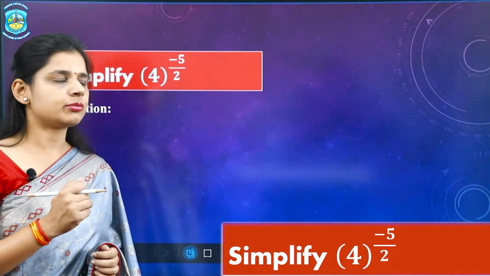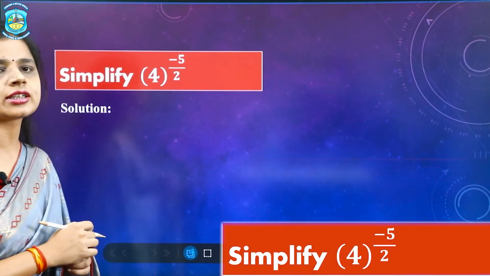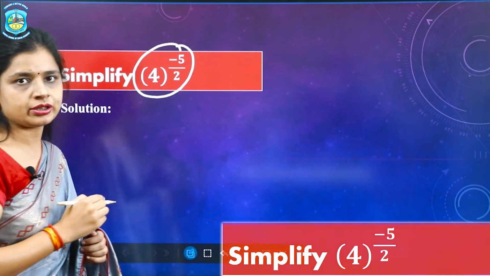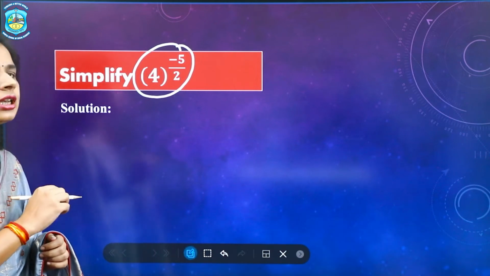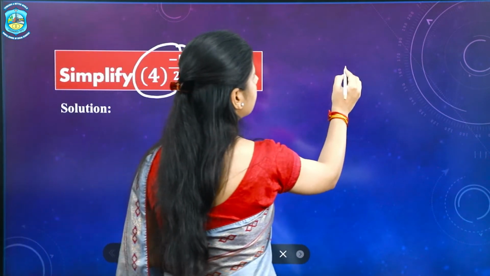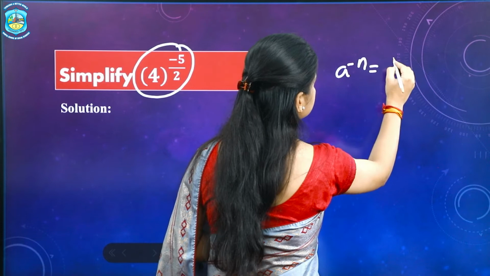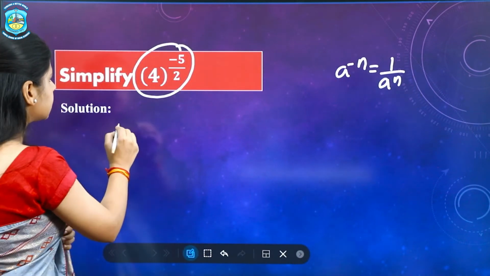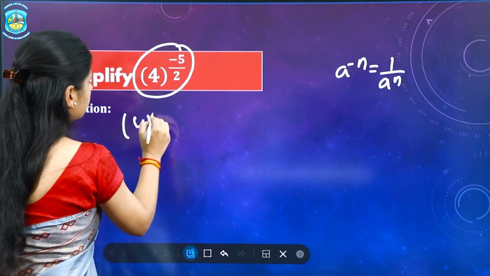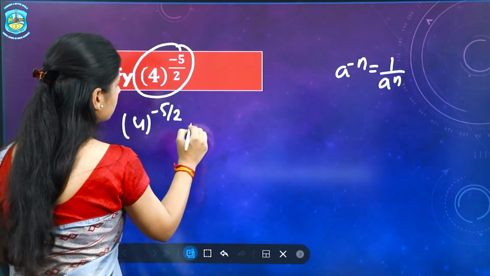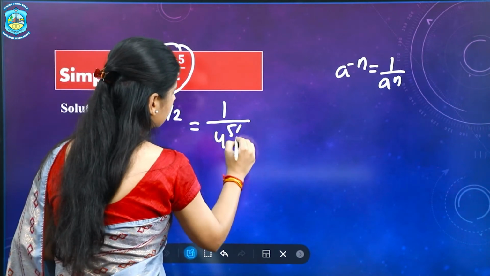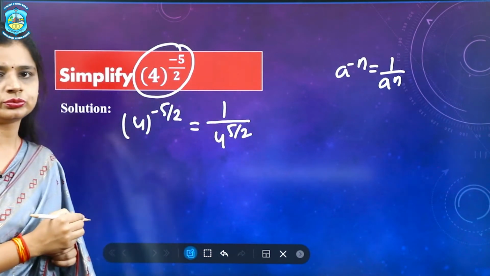In the next example, we have to simplify this expression 4 to the power minus 5 by 2. Again, first we will apply the formula a to the power minus n is 1 by a to the power n. So, this term 4 to the power minus 5 by 2, we can write it as 1 by 4 to the power 5 by 2.